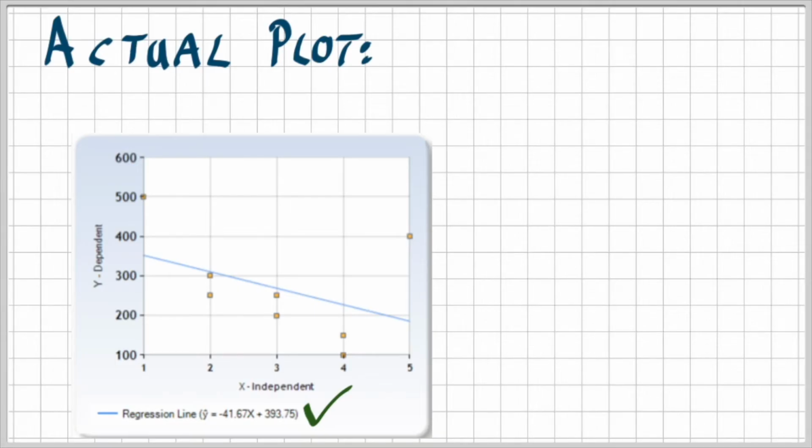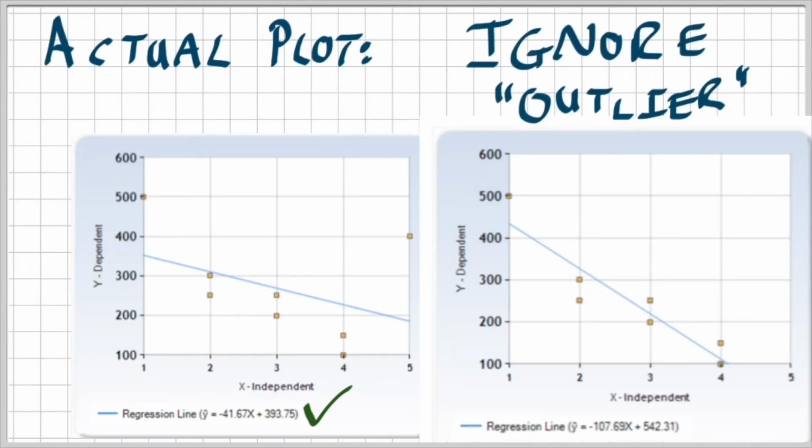Now the question is, but why? But why is it a lot flatter? Let me explain this by looking at what happens if we ignore the outlier. Look at that. It's a lot steeper than the previous one.